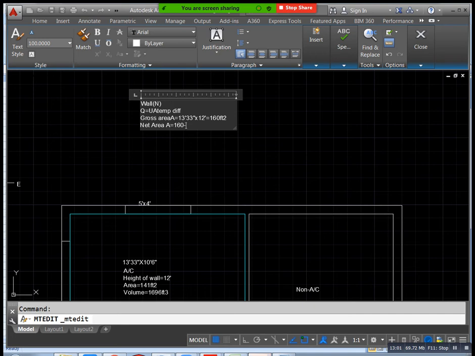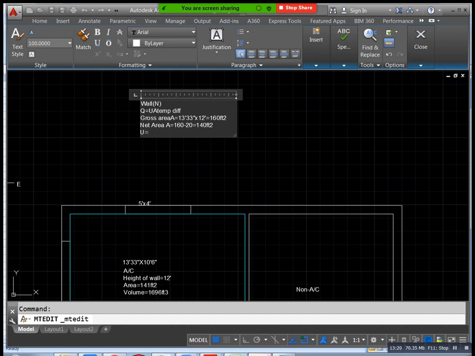After completion of this we need to go for U factor. How can we calculate this U factor? For U we have one formula, that is 1 by summation R. I am mentioning R directly, but you can use the summation symbol also. How can we calculate our R first?